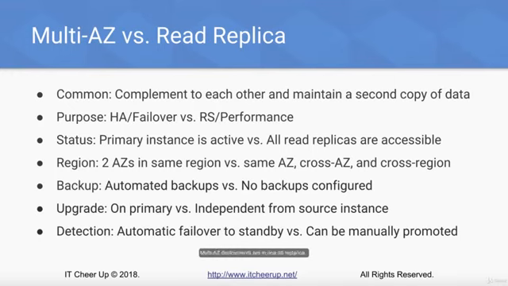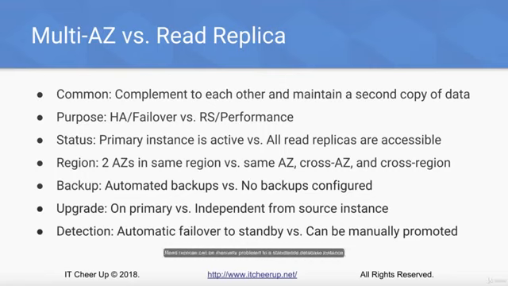Multi-AZ deployments are in 1 DB instance, so database engine version upgrades happen on the primary. Read replicas are in separate DB instances, so database engine version upgrade is independent from the source instance. Multi-AZ automatically fails over to standby when a problem is detected.